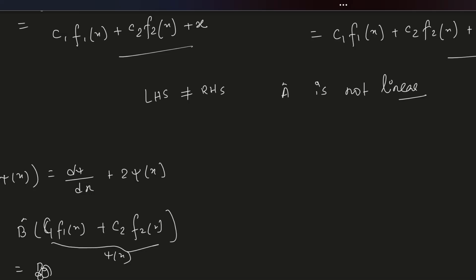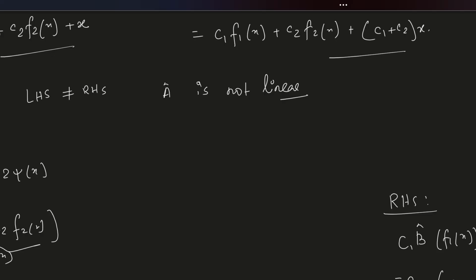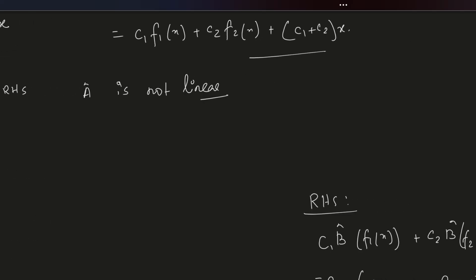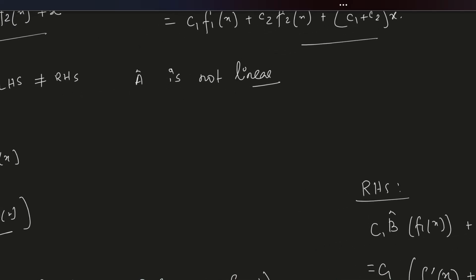That means C1 times f1 prime x plus 2 f1(x), plus C2 times f2 prime x plus 2 f2(x), which is C1 f1 prime x plus C2 f2 prime x plus 2 C1 f1(x) plus C2 f2(x). Now you can compare and check that these two are exactly the same.